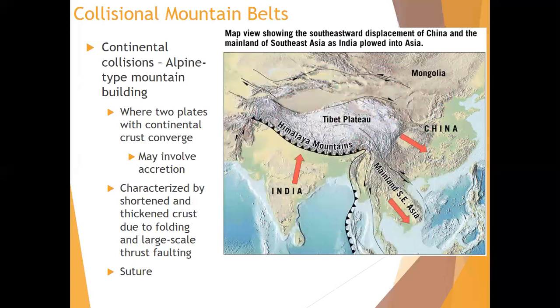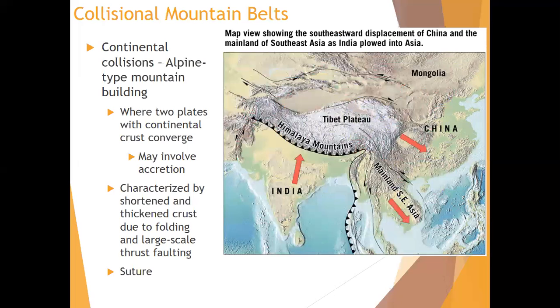They collided into each other. And the result of this collision is that India became sutured on, and it created the Himalayan mountains, and behind that, the Tibetan plateau. India is still moving north. Asia is still moving eastward, with portions of mainland Southeast Asia moving southeastward.